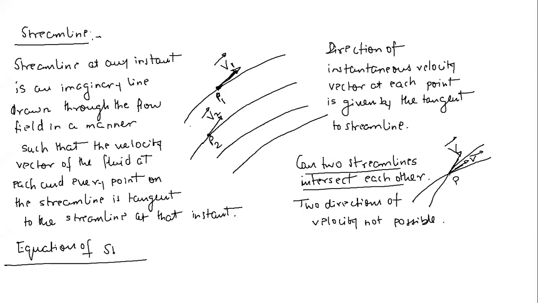Now let me write down the equation for a streamline. What should be the equation for a streamline? Let's say around this point P1, I considered a vector ds vector of infinitesimally small length, the displacement along the streamline.